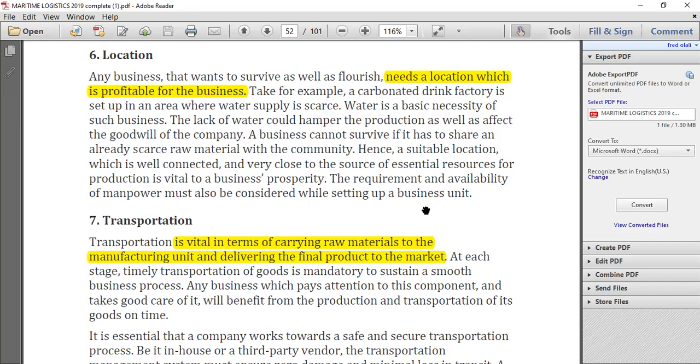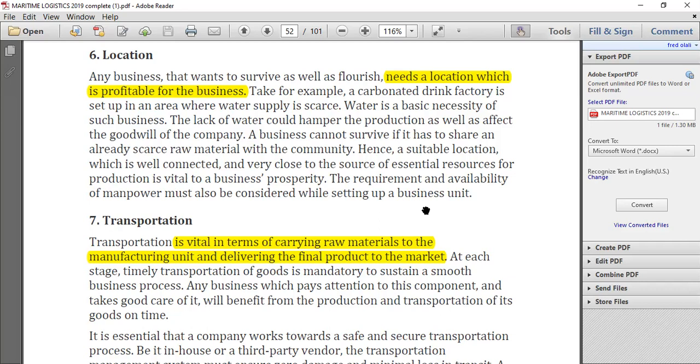So a proper location will always be key for any type of business, because if you choose your location wrongly, it means that you may fail to serve the clients who need your product, even though you may have a good product or you're offering a good service, but your location is poorly located, or where you are is not accessible. So it brings problems and makes your clients not able to access you as they could have if you were in the right location.